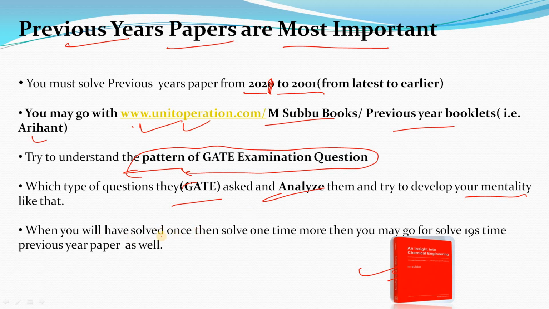When you have solved the previous year papers, you can go for one more round. Otherwise you can solve the 90s papers, from 1991 to 2000, and 1999 as well. It will also strengthen your practice.